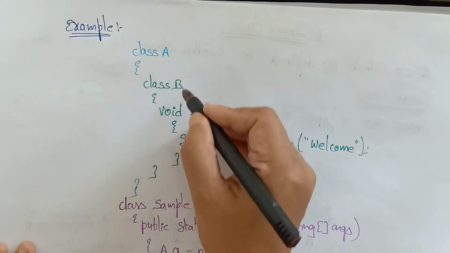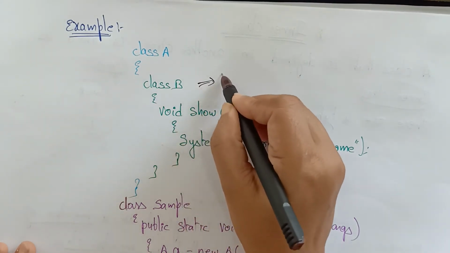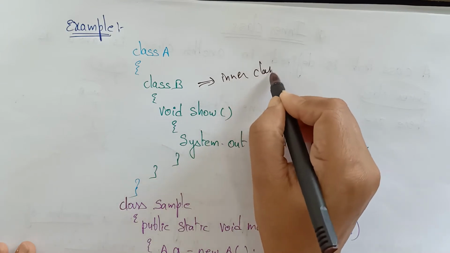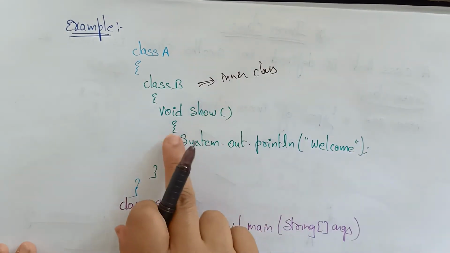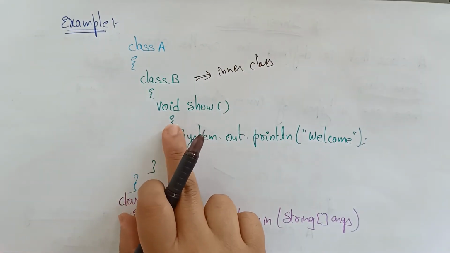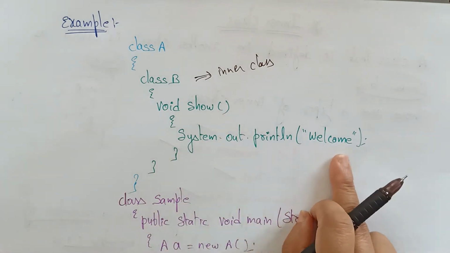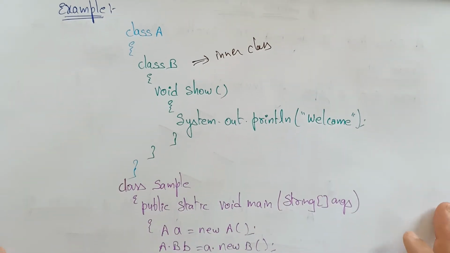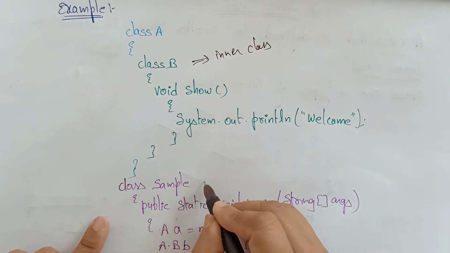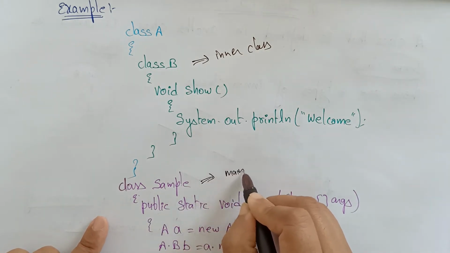So this is a main class. Here I am inserting an inner class, a class that is defined in another class. Here I created one method, void show, with System.out.println. Now let's start with the class Sample. This is my main class.